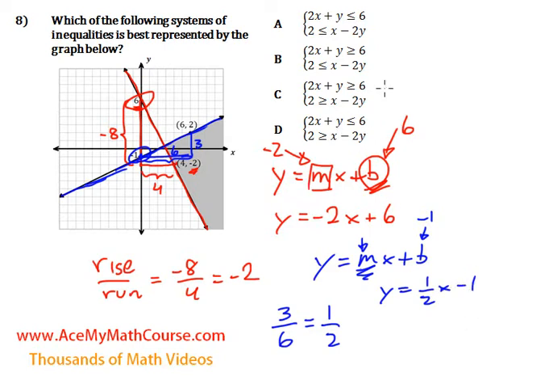Now, looking at the multiple choice answers, we don't have the equations in this format. So what I'll do is multiply both sides by 2 to get rid of the fraction. So we get 2y equals 2 times half is just 1, so we get 1x, which I can just write as x.